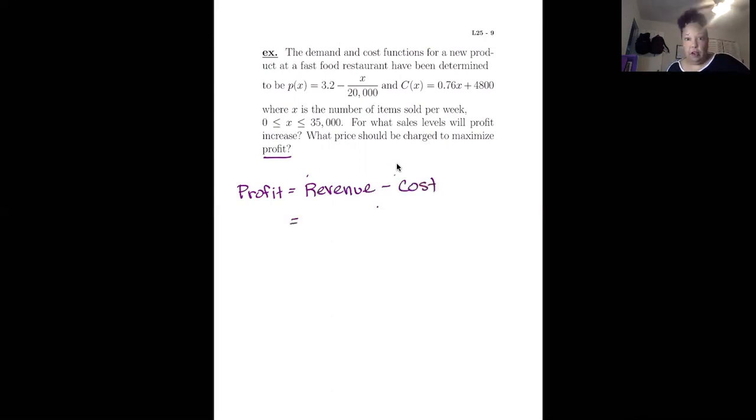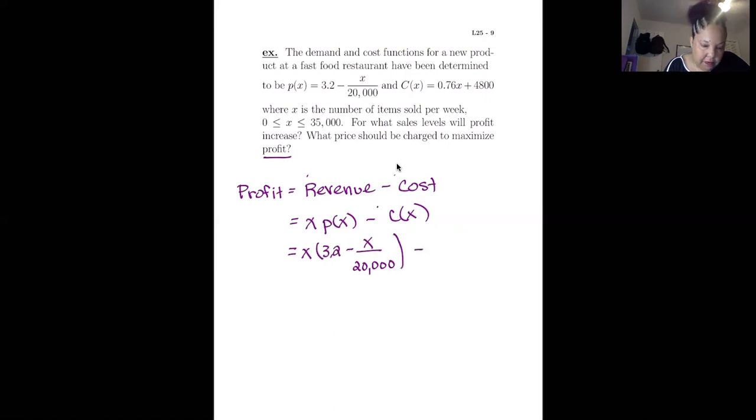And the revenue function is the number of items sold times the price per item, and then minus our cost function. All right, so x times P of x, 3.2 minus x over 20,000, minus my cost function, 0.76x plus 4,800.